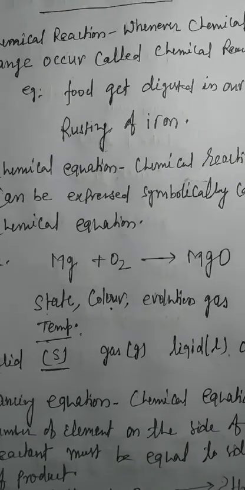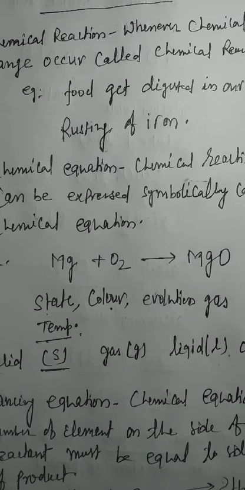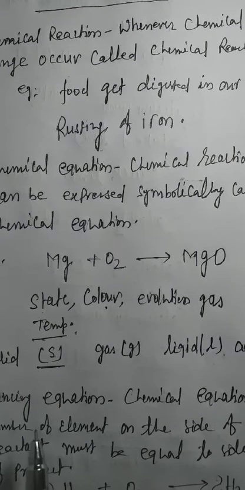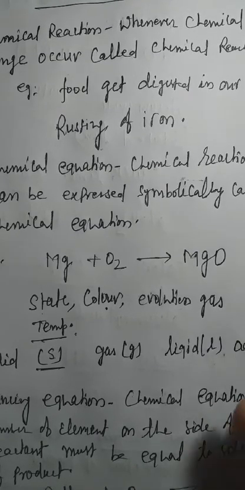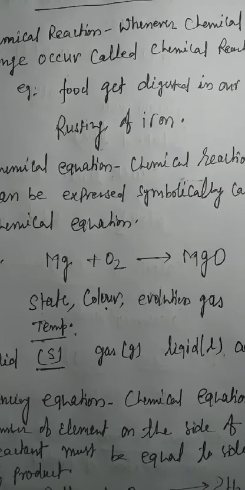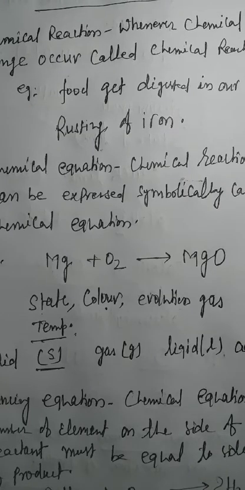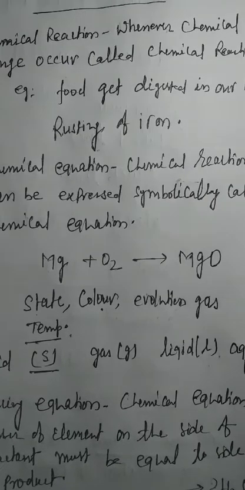Next is balancing the chemical equation. You must remember that whenever a chemical reaction takes place, the number of atoms or elements on the side of the reactants must be equal to the number on the side of the products. For example, we already discussed hydrogen reacting with oxygen to form water.